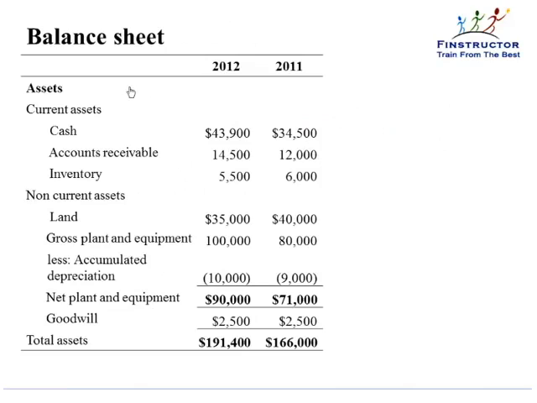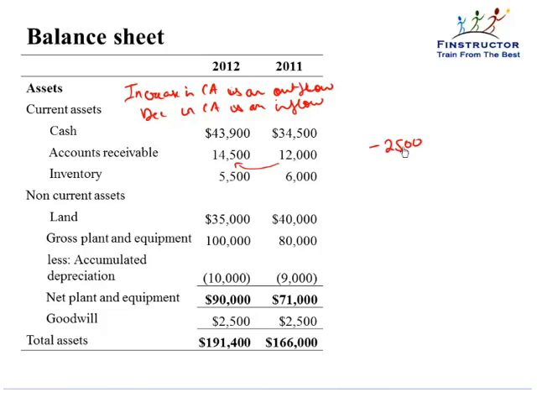So please remember that an increase in current assets represents an outflow of cash, and a decrease in current assets is an inflow. So let's understand. If accounts receivable goes up from 12,000 to 14,500 as we studied earlier, it means that 2,500 of the sales did not come in as cash. That's why receivables have gone up. So $2,500 needs to be subtracted.